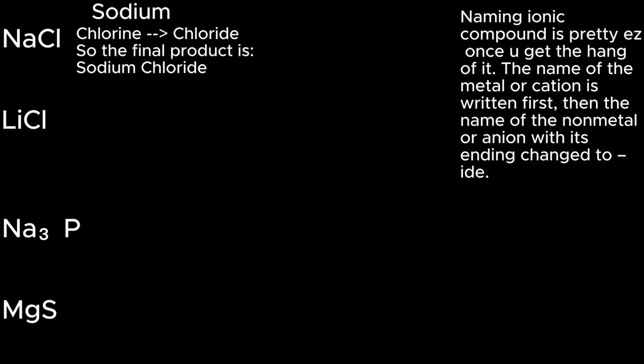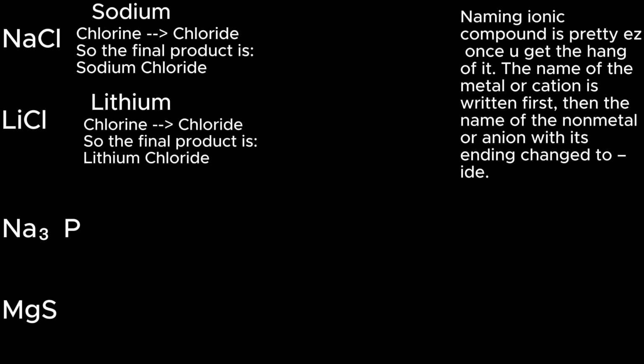And if you put that together, you get sodium, which is the first element, and then chloride, which is the second element. Now let's do the second one. First, we get our metal, so that's lithium. And then once again, we have chloride, lithium chloride. The chlorine turns into a chloride.